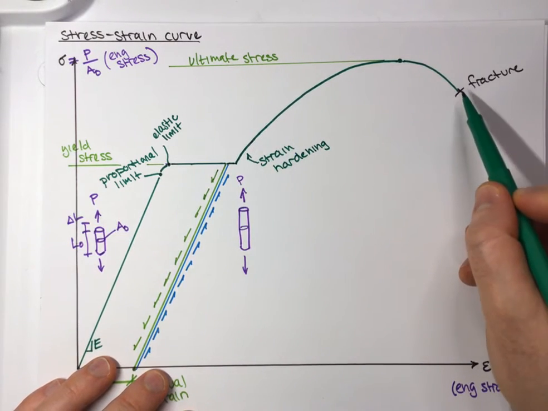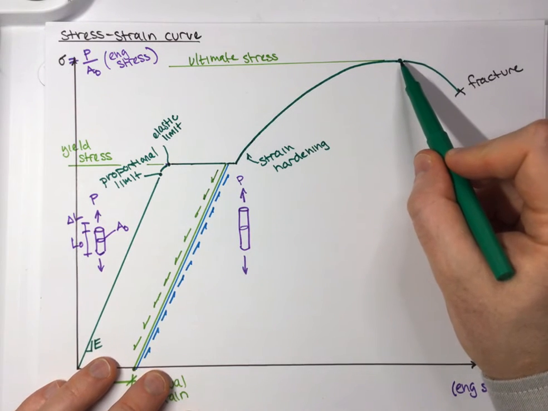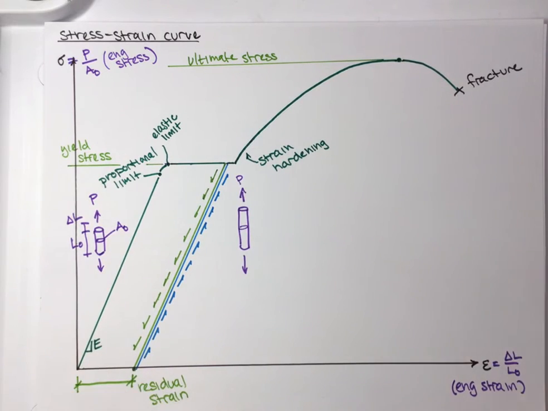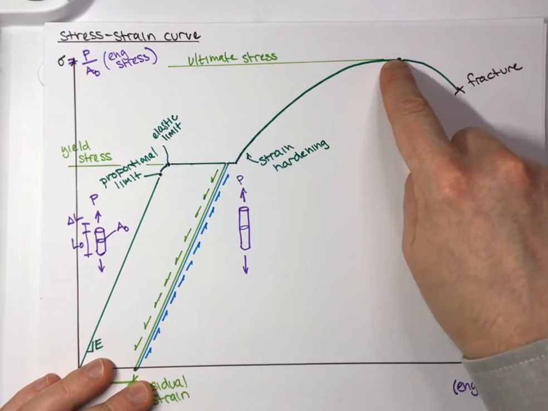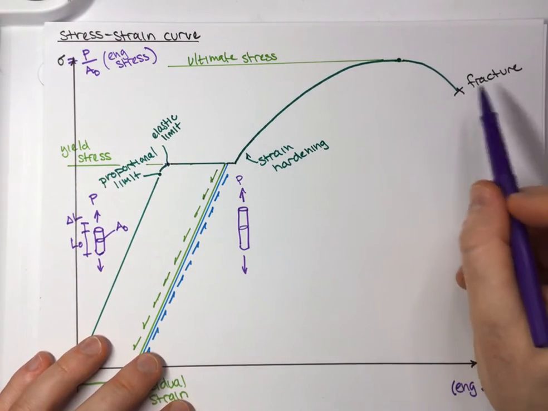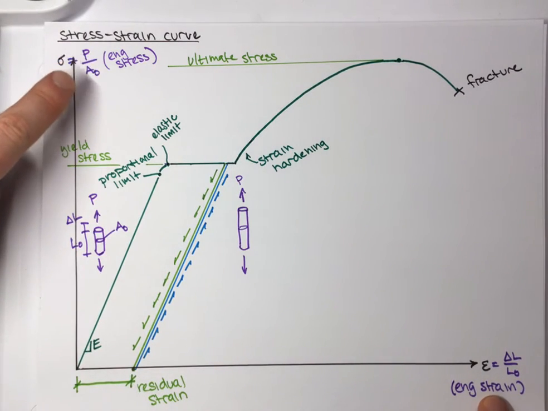We're actually going to break at a lower stress than the material could achieve. That should be somewhat curious, because you'd imagine if this thing's going to fail, it should fail at the maximum stress, right? Well, in fact, it actually does, but it has to do with the fact that we're in engineering strain and engineering stress.